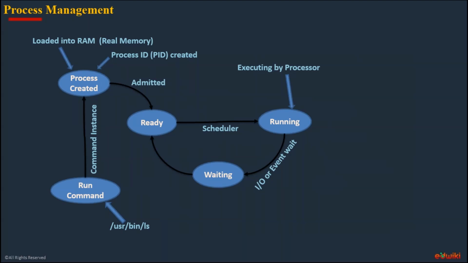Let's say 10 processes are created at the same time. The processor will spend, let's say, 10 milliseconds on one process. If that is completed within 10 milliseconds, good. If not, it puts that process back into the waiting queue, or back into the RAM queue again, so that it can take on another process.